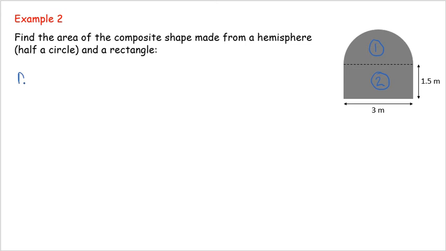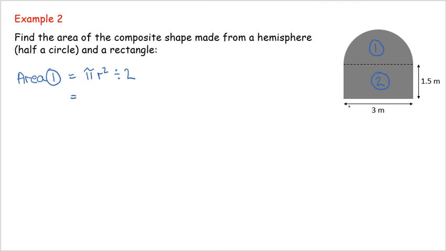So area 1. Now, I know to get the area of a circle, I do pi r squared. But for half a circle, it would then be pi r squared divided by 2. So all I need to know here is the radius of the circle.